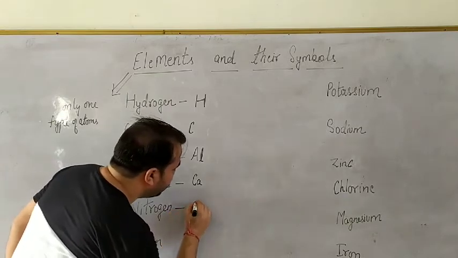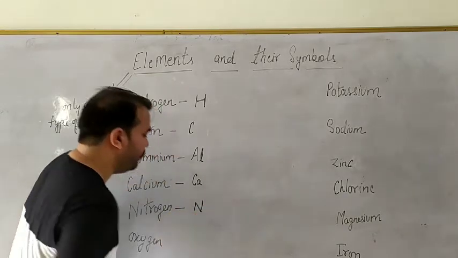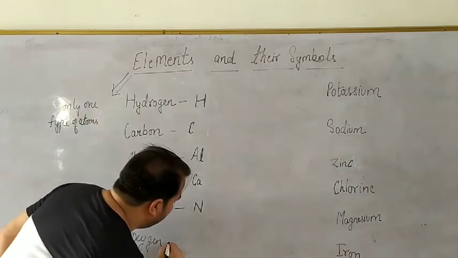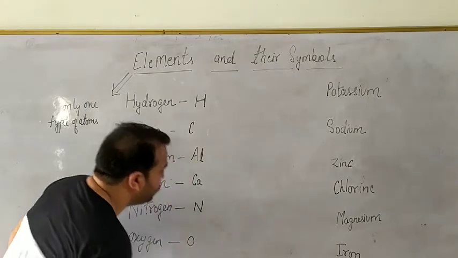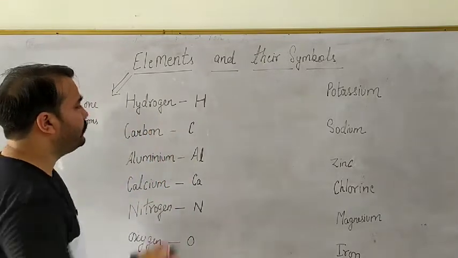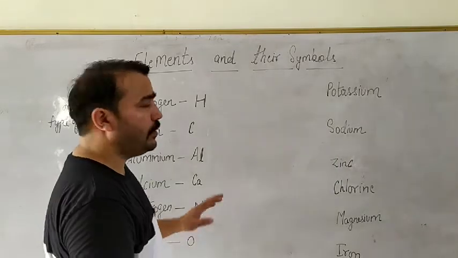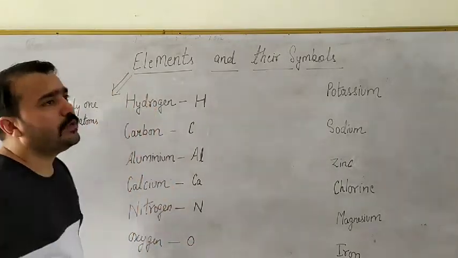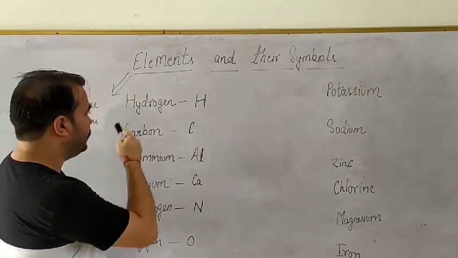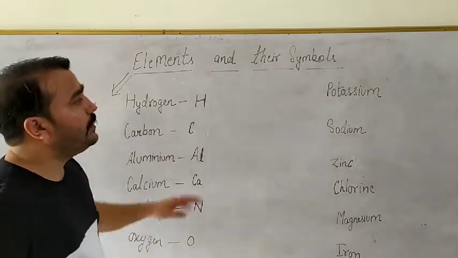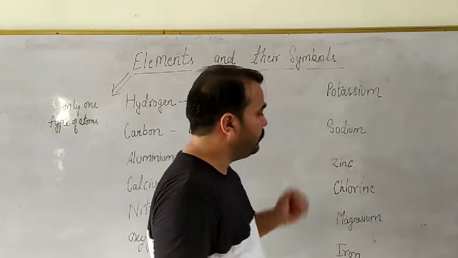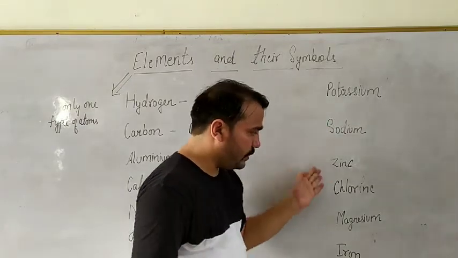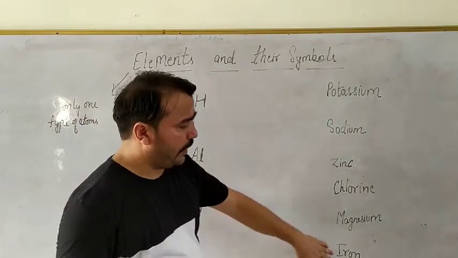For nitrogen, we write the symbol N. And for oxygen, there is O. So this is how some of the symbols are written. It's not always the case that the symbol will contain the first letter or first two letters of its name, like in the case of potassium, sodium, zinc, chlorine, iron, magnesium.